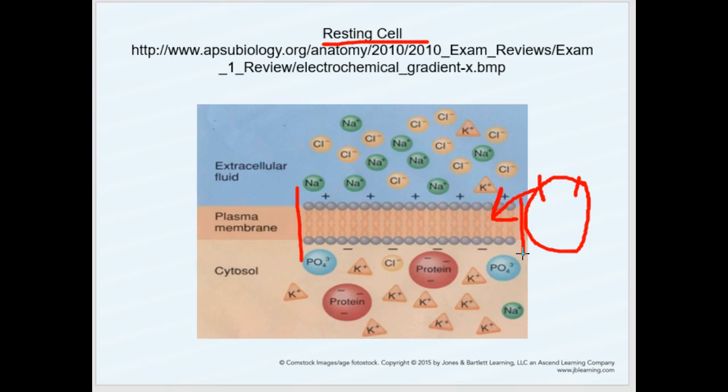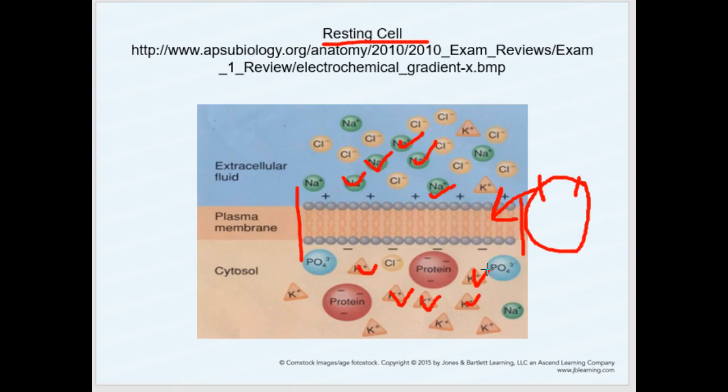If you look overall, there's going to be more positively charged sodium ions on the outside, and a higher concentration of potassium on the inside, but fewer potassium than sodium.